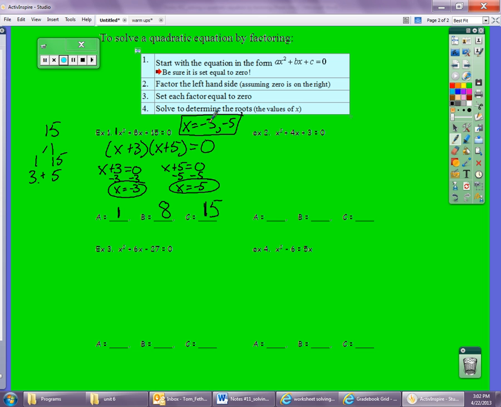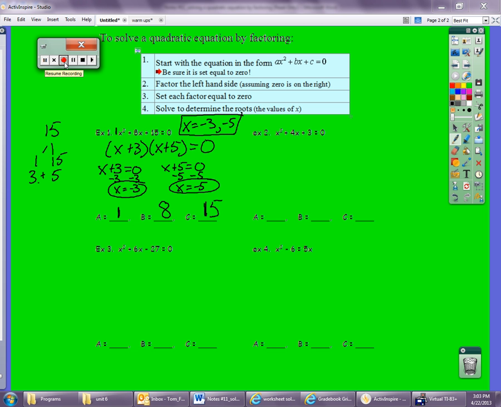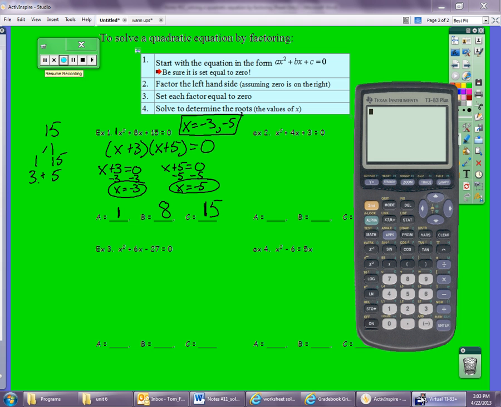We can plug these in to check this. We can do x squared plus 8x plus 15. We plug in the negative 3, we check our work, and we will figure out that it's 0. And if we use our calculator here, negative 3 squared plus 8 times negative 3 plus 15 gives me 0.